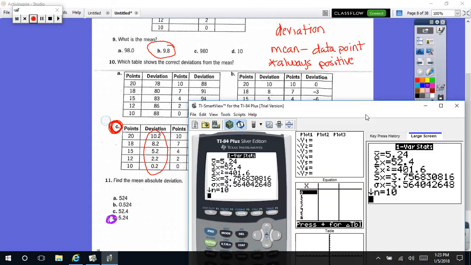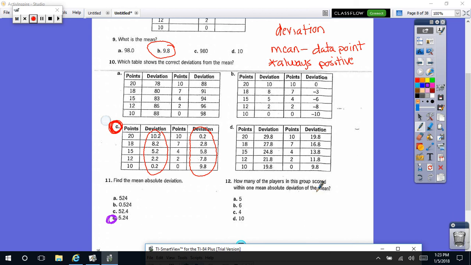Okay, the next question, how many players in this group scored within one mean absolute deviation of the mean? So remember, we have to take our mean, which was 9.8. We are going to add the mean absolute deviation to it and subtract it. We're getting ourselves a range of players, a range of people.